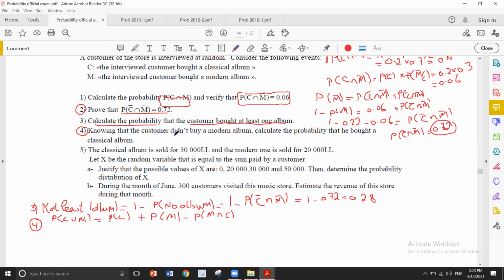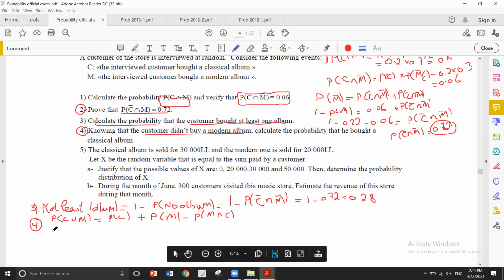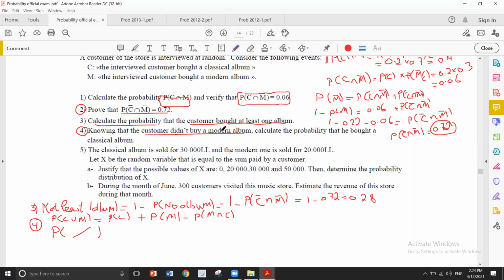Knowing that the customer did not buy a modern album, calculate the probability he bought a classical.